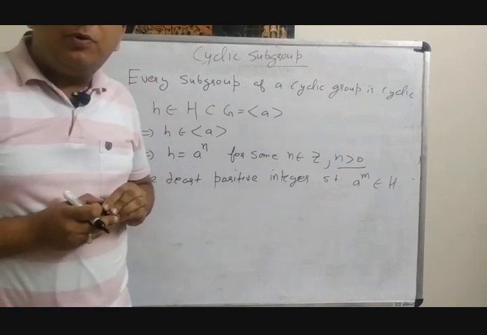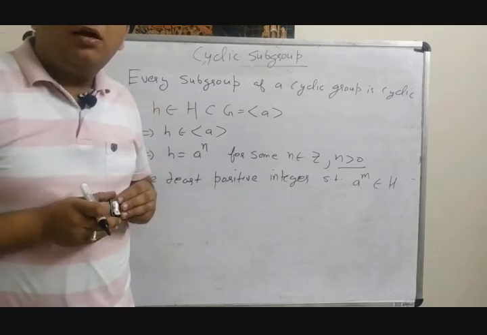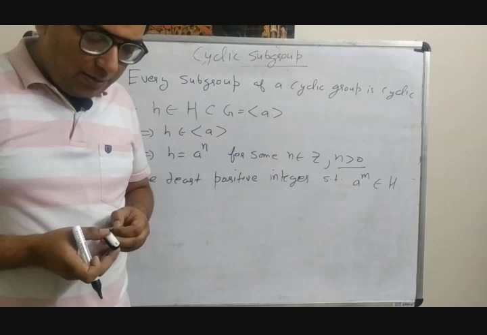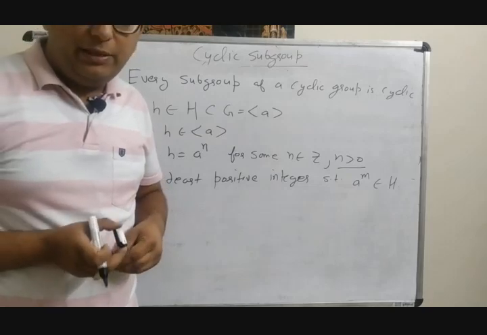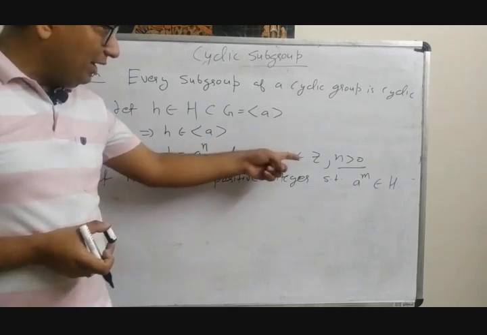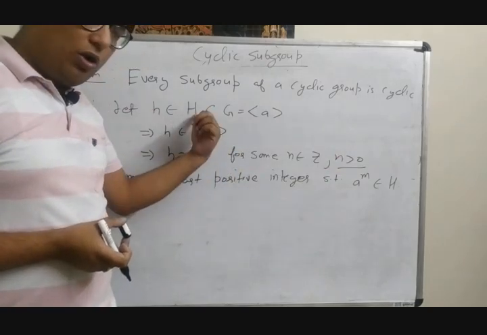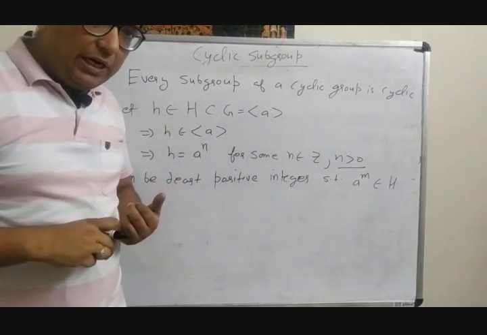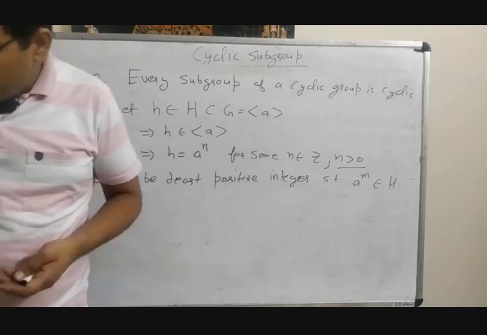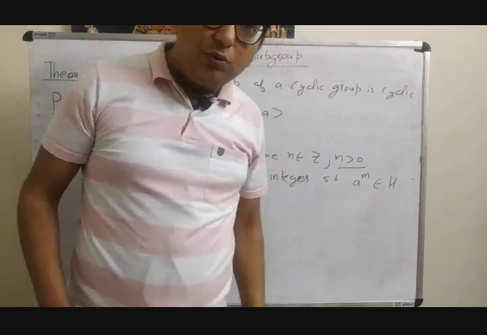In our first chapter, I think second chapter, we proved that if we have a non-empty set of natural numbers, then that set must have a least element. So we have shown there is one n greater than 0 such that a raised to power n belongs to H. So we apply the well ordering principle and say that there must be a number m which is the least positive integer such that a raised to power m belongs to H.